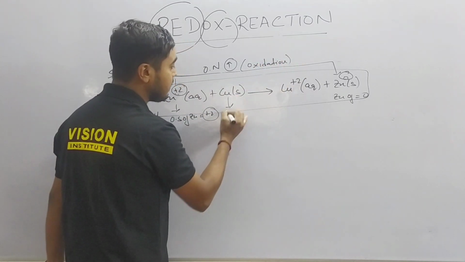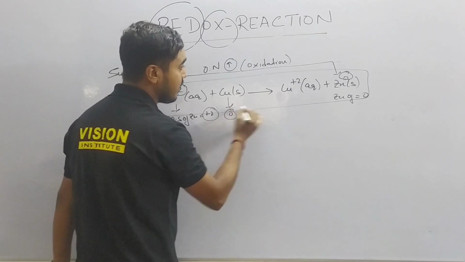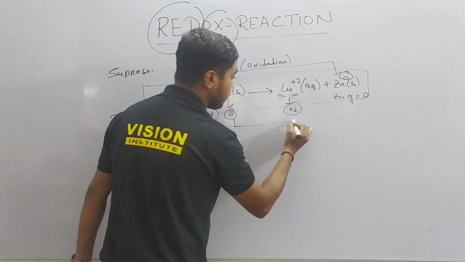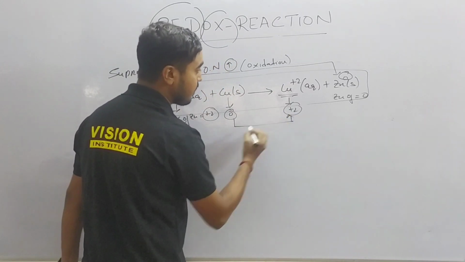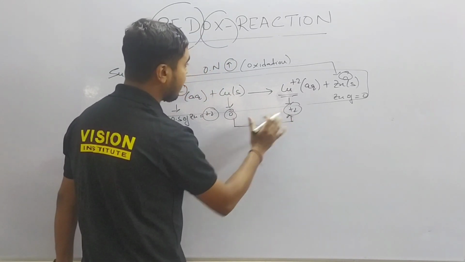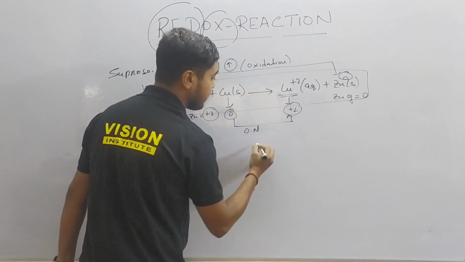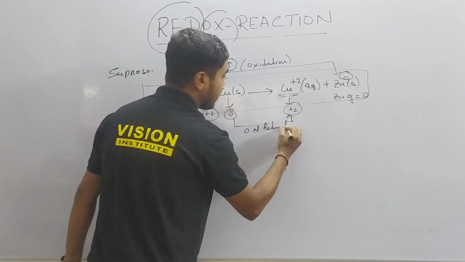While copper here has charge 0 and here the charge of copper is plus 2. So the difference in charge is from 0 to plus 2. That means copper is undergoing reduction.